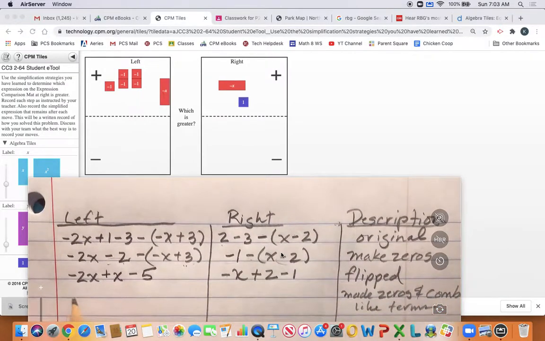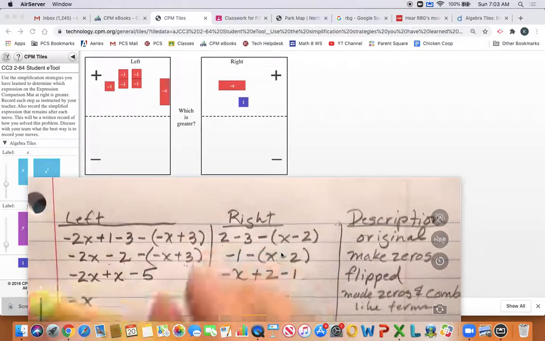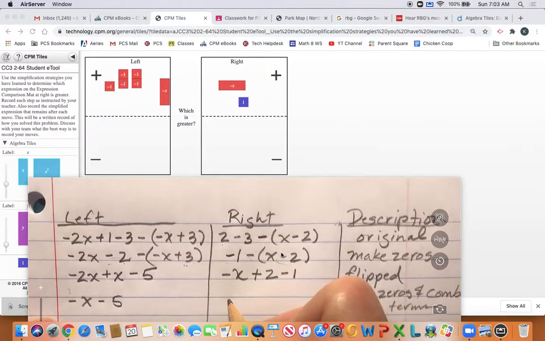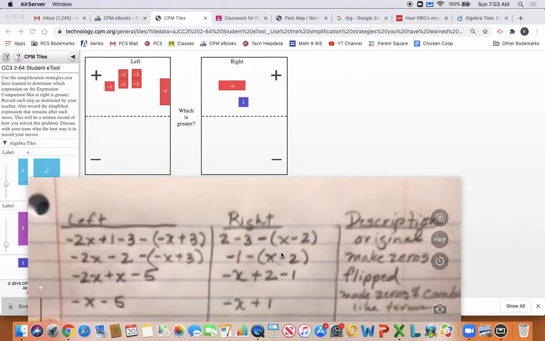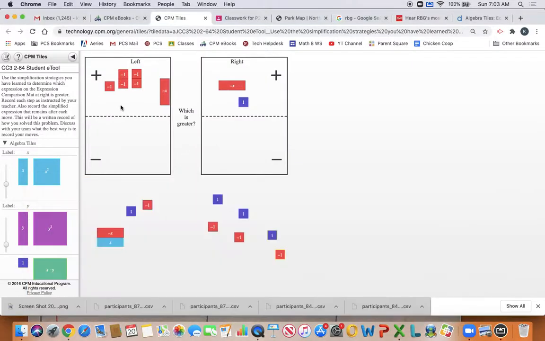All right, so let's see. We've got the -x, because we combine these two. So we only have one -x, and we still got those 5 tiles. And then we've got a -x over on this side, and we combine 2 and -1, so we've just got a +1.